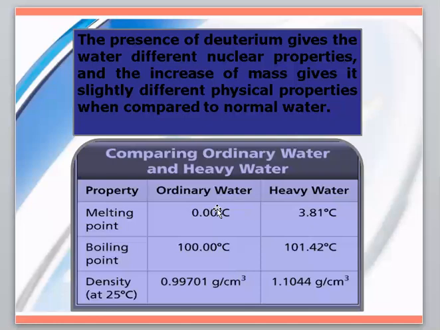Ordinary water has the protium type of hydrogen, whereas heavy water has the deuterium type of hydrogen. We compare and observe their physical properties, and heavy water has higher physical properties than ordinary water.